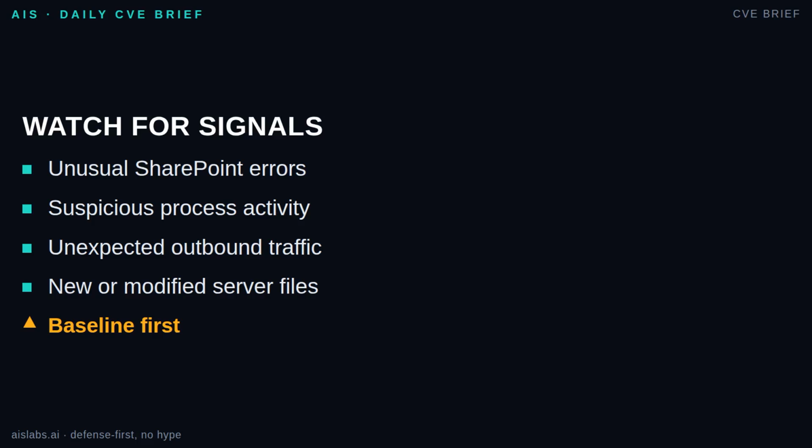On the host side, monitor for suspicious process creation from SharePoint-related services, unexpected command execution, new or modified files in unusual locations, and outbound connections that do not match the server's normal role. Also look for service crashes or availability disruptions that line up with suspicious traffic. None of these signals alone proves exploitation, but together they help defenders triage. The key is baseline. Know what normal SharePoint activity looks like before you decide what is abnormal.